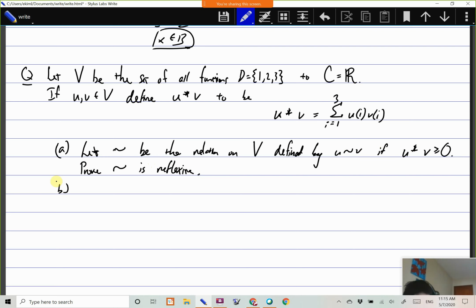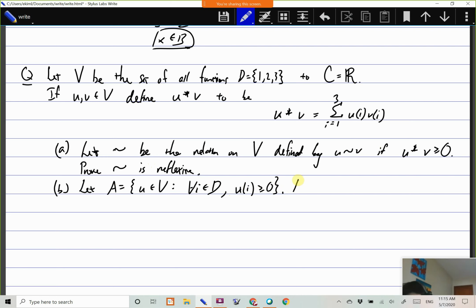And then part B uses this tilde. So in part B, let capital A equal the set of little u in capital V, satisfying for all little i in D, that's the same capital D up here, right? So every time you see a letter, it has the same meaning. For all little i in D, u of i is greater than or equal to 0.